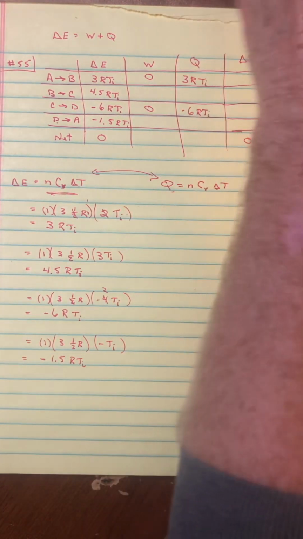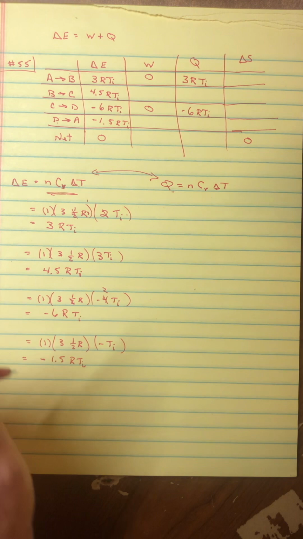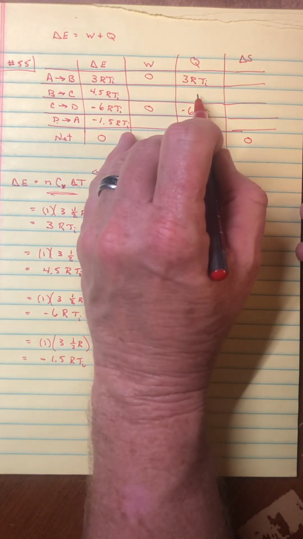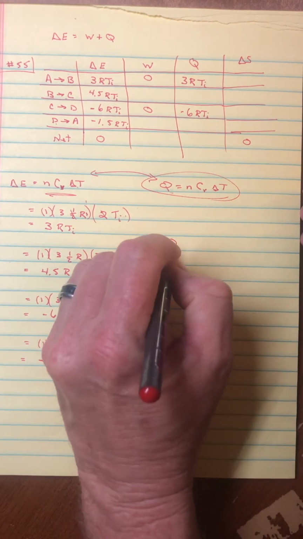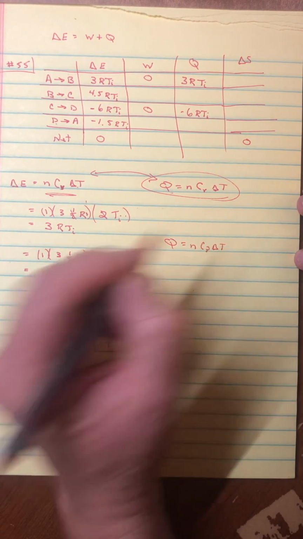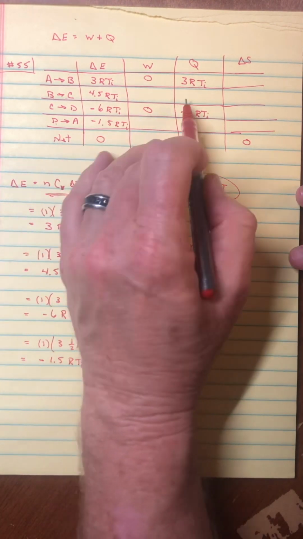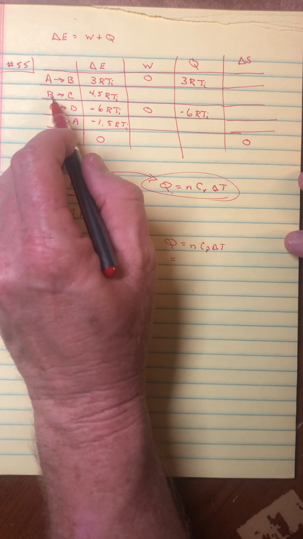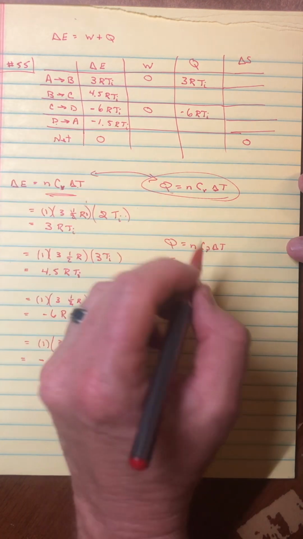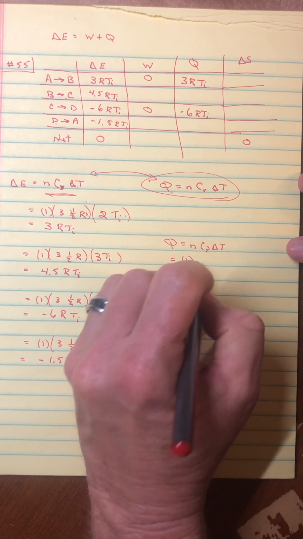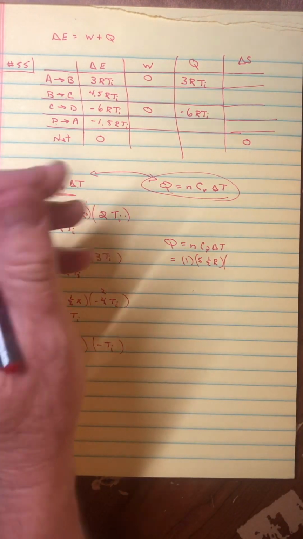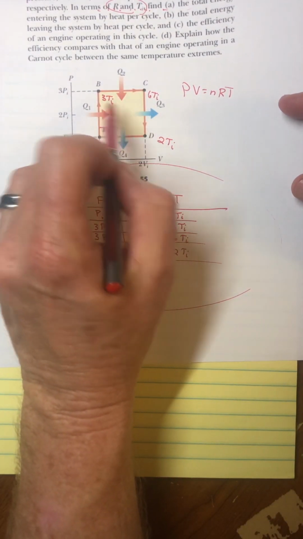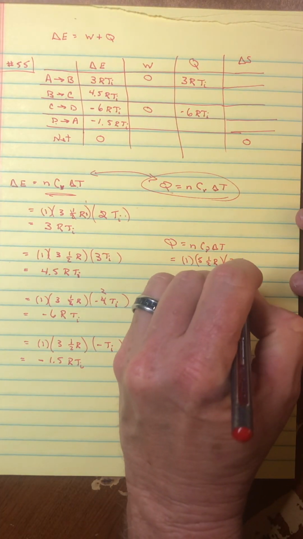And so one thing good about this cycle is these are pretty easy to calculate here, because for the isobaric one, B to C, we could say the Q is nCp delta T. So if I apply this to B to C, n would be 1, and as we said, Cp would be 5/2 R. And then we would take the temperature at C minus B, so that would be 3 Ti.